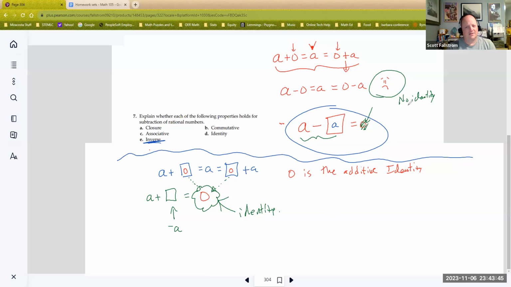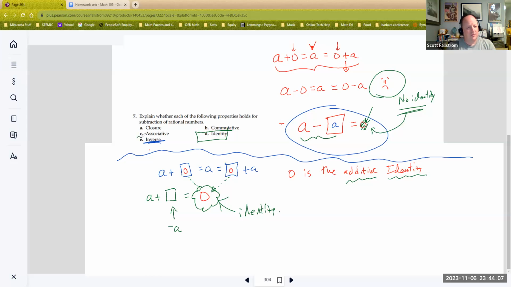Okay, so since there is no identity, that's part D, then you have no idea what it's supposed to be equal to. Now you might be thinking, oh, I could make it equal to the identity I'm thinking of, but the identity you're thinking of is the additive identity, not the subtraction one.